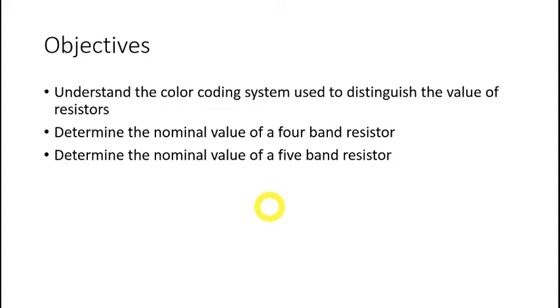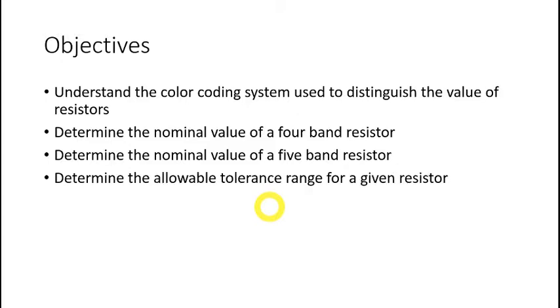There are some different systems that we're going to use to identify the value of the resistor, and one is 4 and one is 5-band. And then be able to determine the allowable tolerance range between the high and low of a given resistor, and we'll get into that here in the lesson.